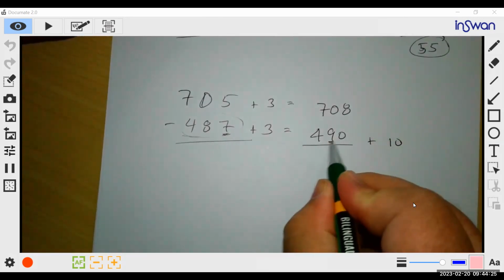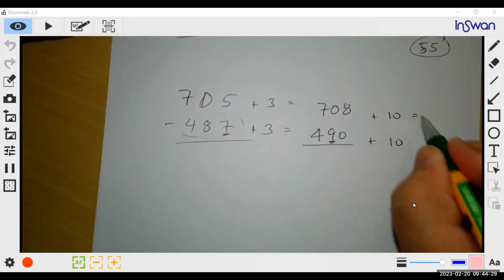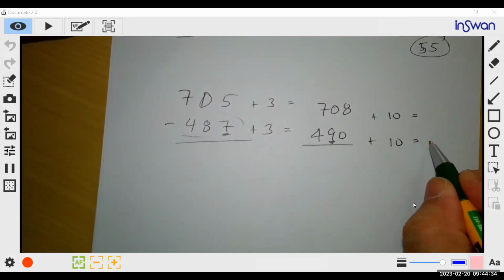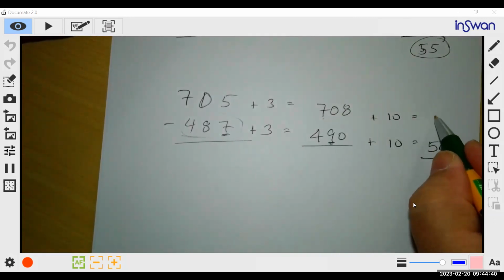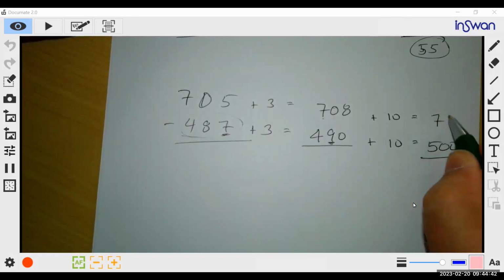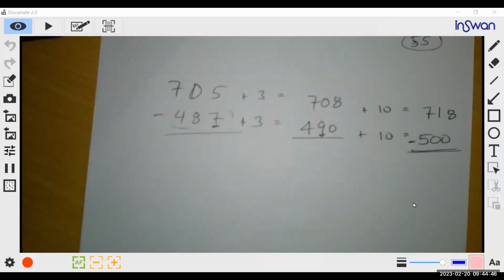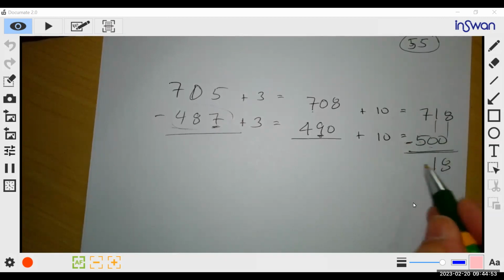So that's in the tens column, we have to add 10. 490 plus 10 is 500. 708 plus 10 is 718. Now, since we have zeros there, it makes it much easier. Bring down the numbers. 7 minus 5 is 2, there's your answer.